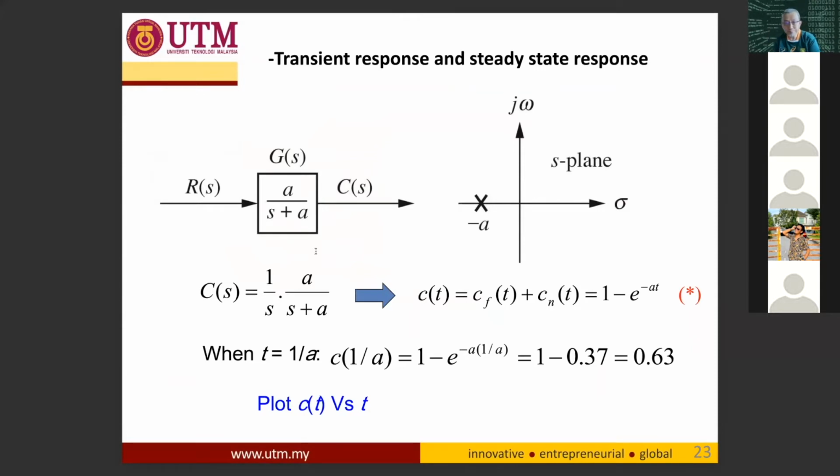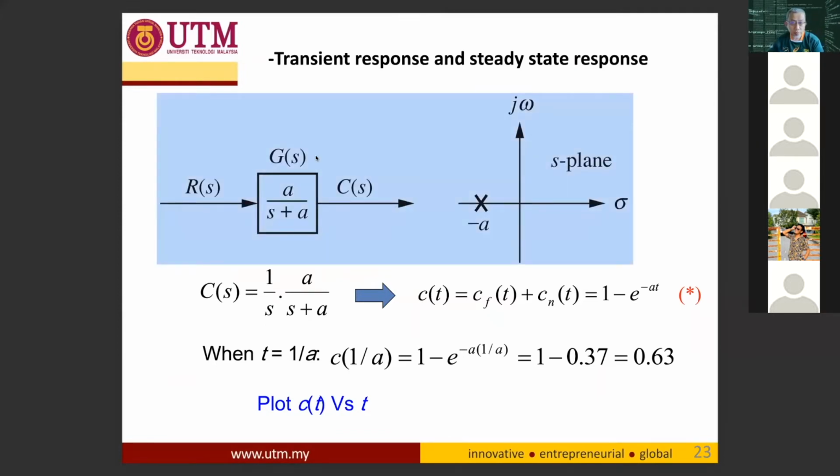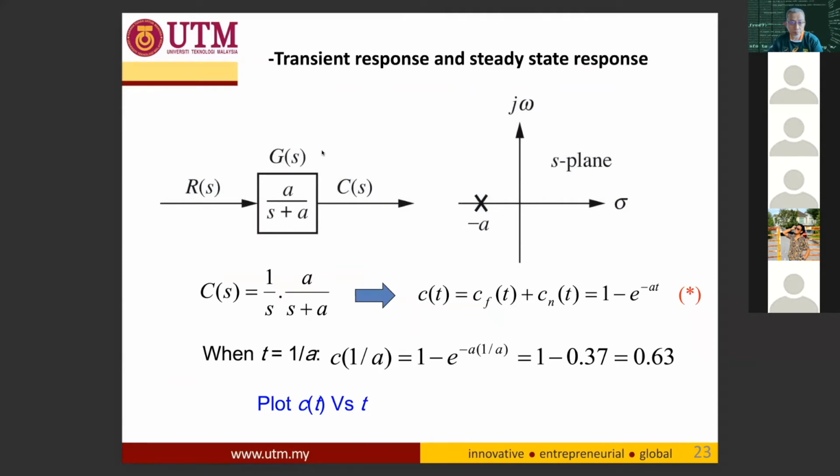Let's say you are given G(s), the transfer function, with the equivalent transfer function as A over S plus A. The input is R(s) and the output is C(s).